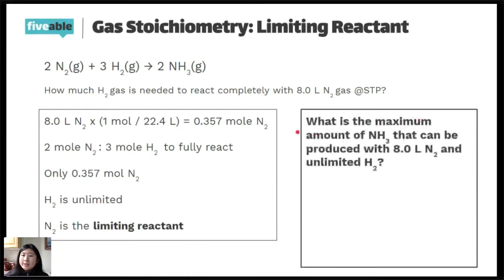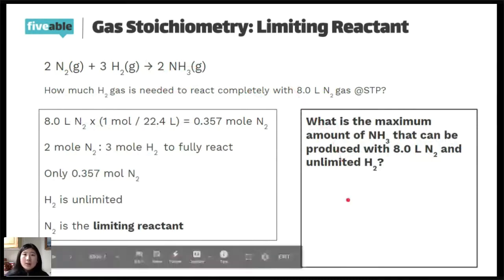Right, so here's the question. What is the maximum amount of NH3 that can be produced with 8.0 liters of nitrogen gas and unlimited hydrogen gas? So we have the same amount of nitrogen gas over here, and the unlimited amount of hydrogen gas. I'm basically copying and pasting the same scenario, but now we're asking what is the maximum amount of product that we can make?